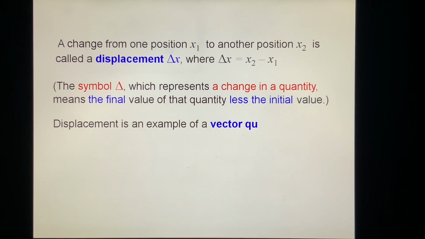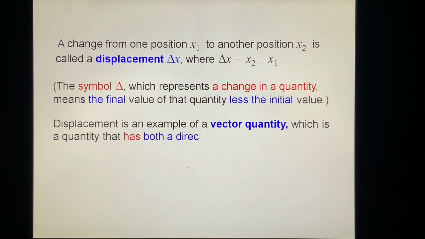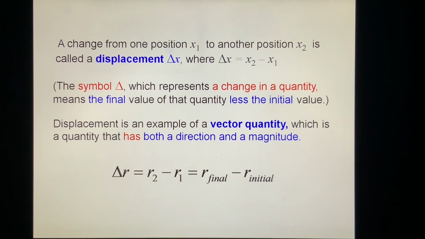Displacement is an example of a vector quantity, which is a quantity that has both direction and a magnitude. Delta r equals r2 minus r1, equals r final minus r initial.